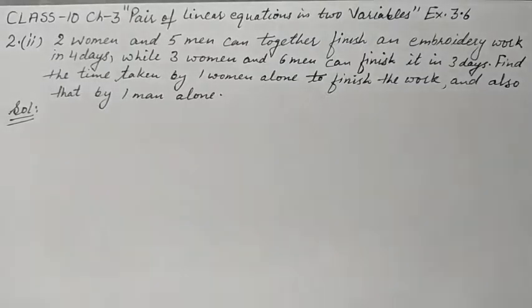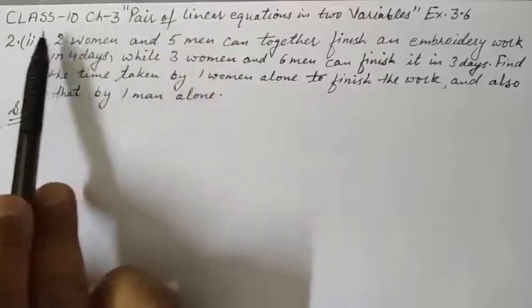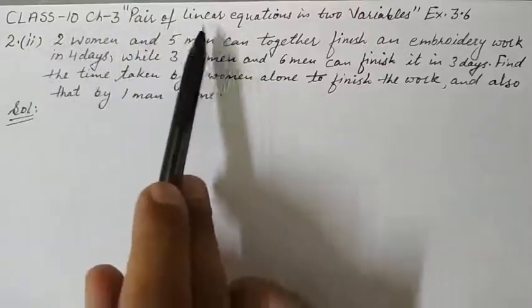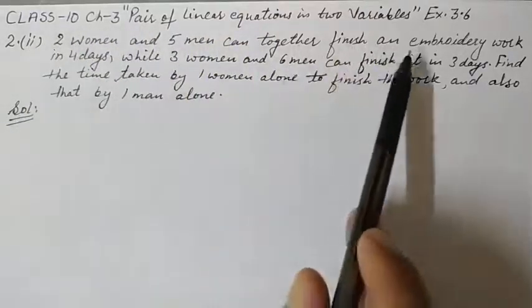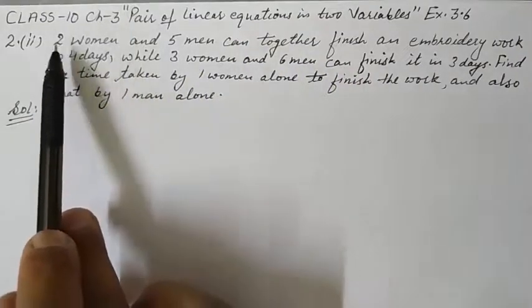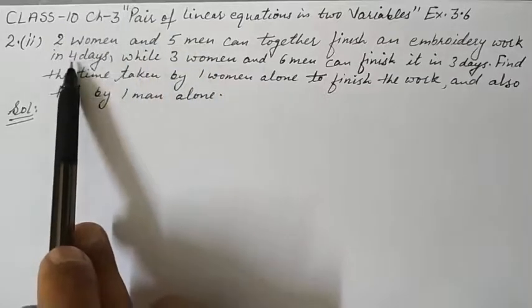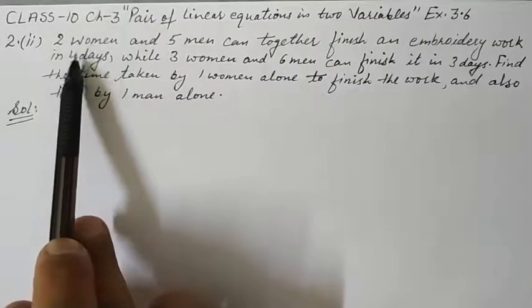So in this question there are 2 conditions. One work is there, and if 2 women and 5 men together do this work, then they take just 4 days to complete it. In the first case, 2 women and 5 men are working together and they take 4 days to complete the work.